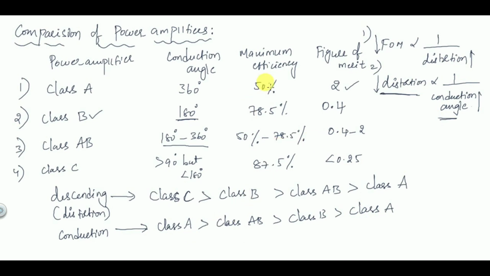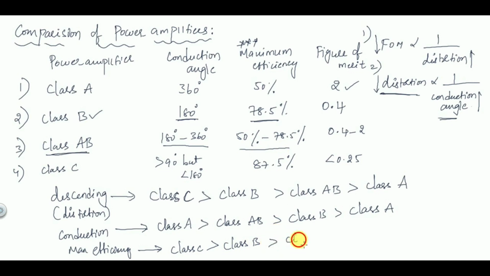Suppose they ask for descending order in terms of maximum efficiency: the maximum efficiency is for the class C power amplifier first, next is 78.5%, the class B power amplifier, next is class AB, because it is between 50 and 78.5, and the least efficiency is for the class A power amplifier.